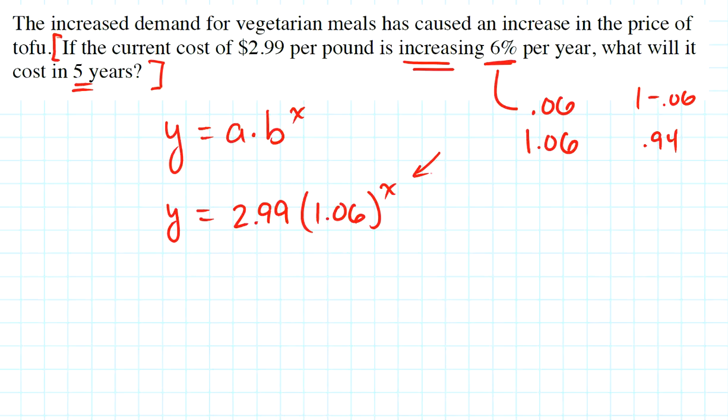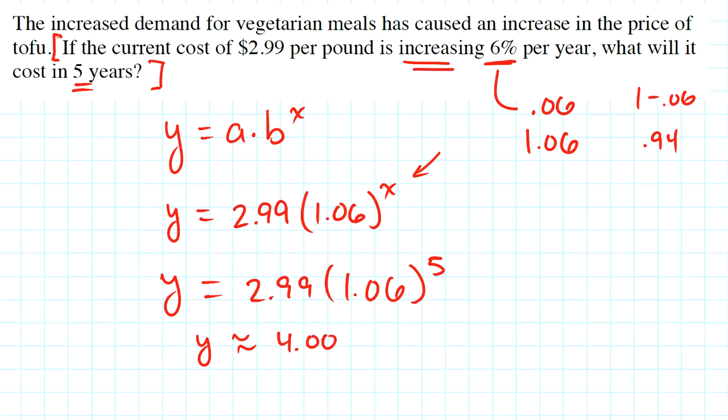So in order to answer this question, we're just looking at this expression, right? y equals $2.99 times 1.06 raised to the 5th power. When I look at that on my calculator, I get that y is approximately 4.001294, and then more.